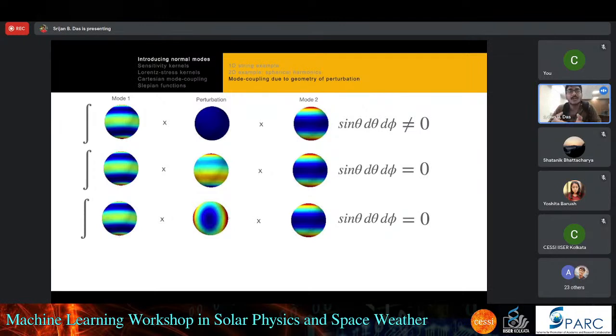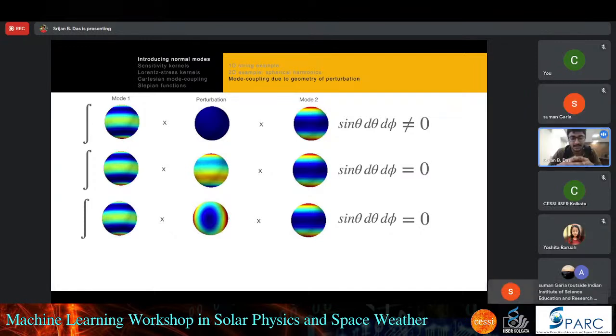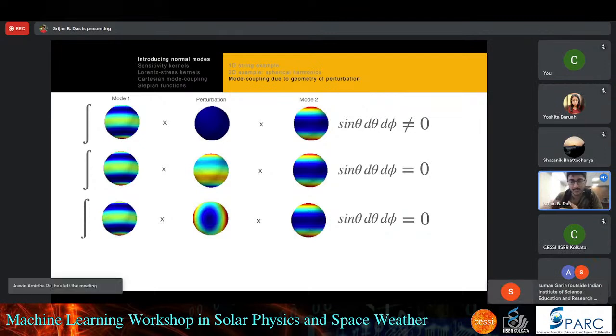Now, whenever I'm talking about a perturbative analysis, there has to be something over and above which it's getting perturbed. So I will introduce the concept of a background in a bit, but if you have two modes, they represent a certain spherical harmonic, right? Because anything can be decomposed into spherical harmonics on a sphere, and so can the perturbations.